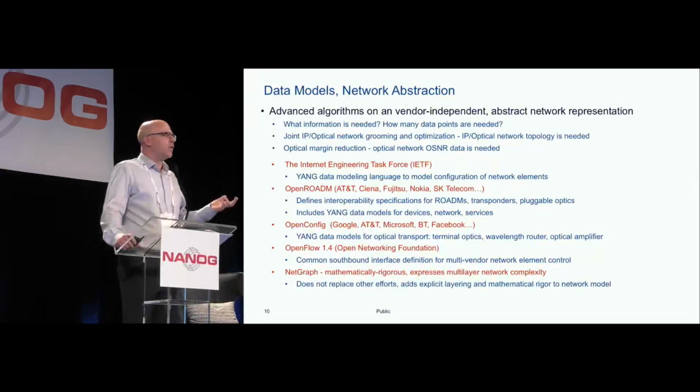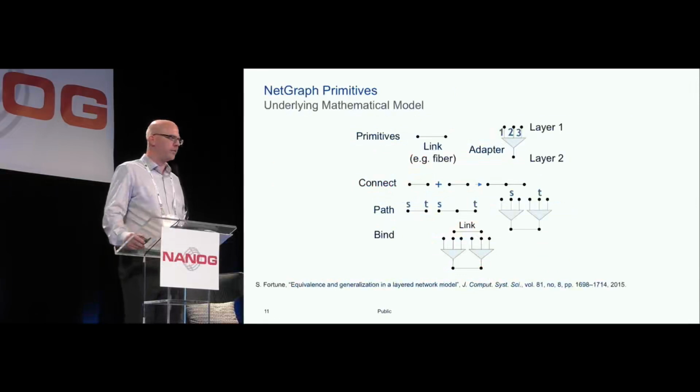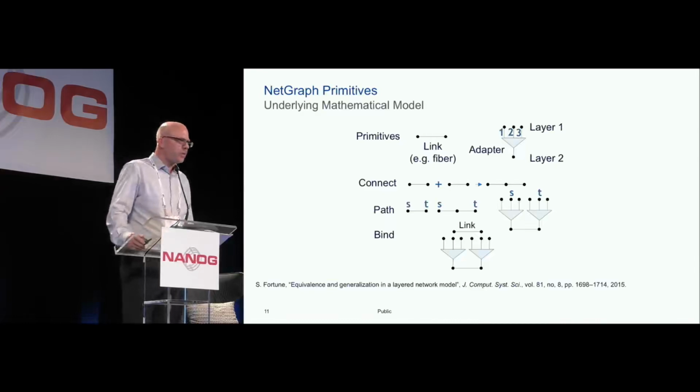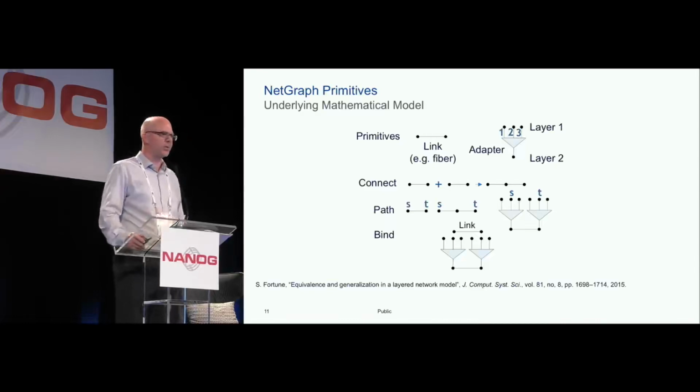So if you don't have a consistent and traceable description of your network, then you won't be able to run these algorithms on top, and that's what we are achieving with NetGraph. If you look under the hood of NetGraph, you see that there are various primitives that are defined. We have links, which is like a fiber connection.